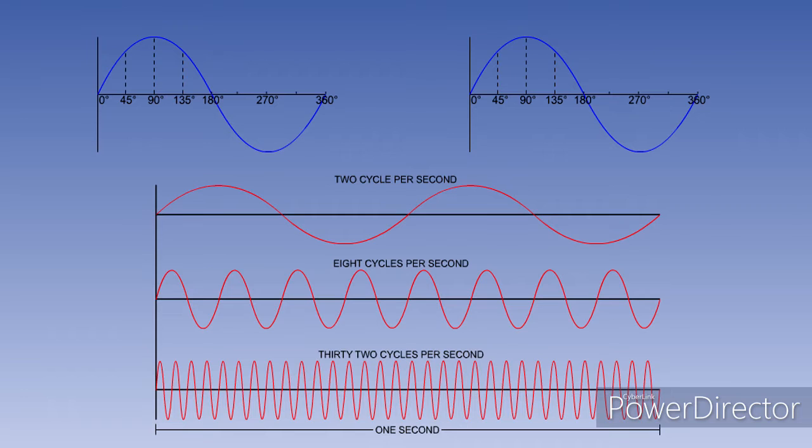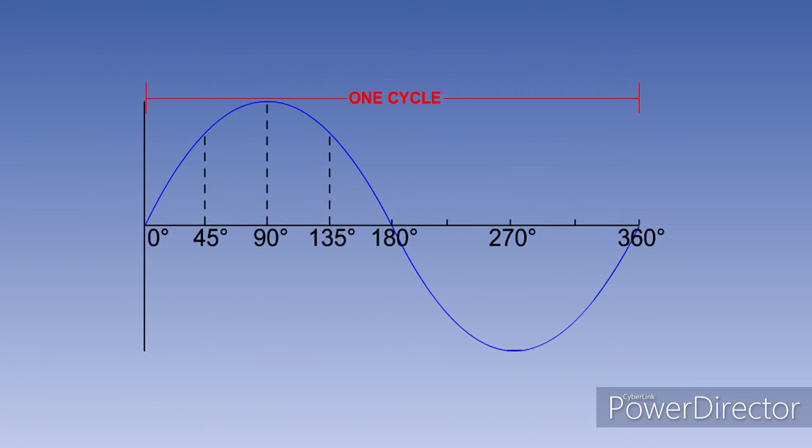There are several terms used to describe alternating current, and you need to become familiar with these terms. As shown on the graph, a cycle is one complete series of values. A cycle can be split into two halves, known as a positive half cycle and a negative half cycle.